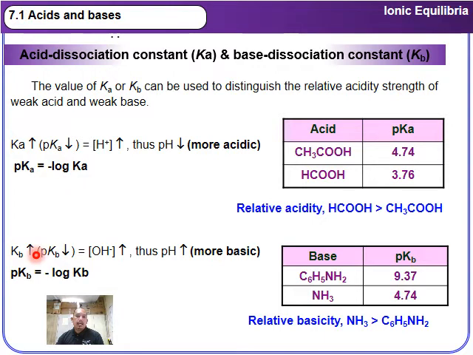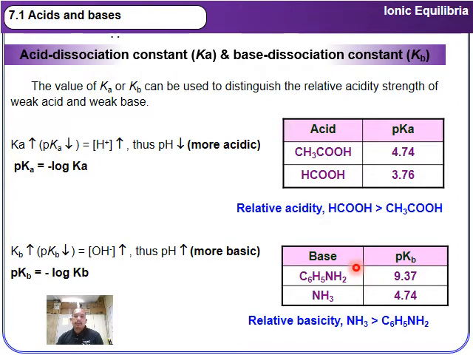For the Kb value, when the Kb value is higher, the pKb is lower and the concentration of OH minus ion, hydroxide ion, is increased. So the pH value is higher, which means that the solution is more basic.